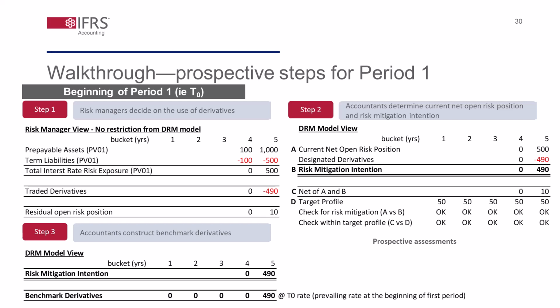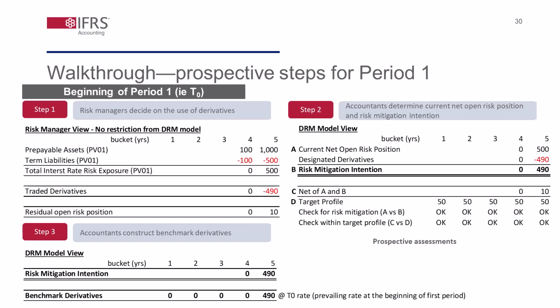The IASB will discuss the detailed guidance on how to construct the benchmark derivatives in a future meeting, but it has tentatively agreed that in principle, the benchmark derivative shall fully represent the interest rate risk of the risk mitigation intention and enable capturing the change in the fair value of the risk mitigation intention over time.